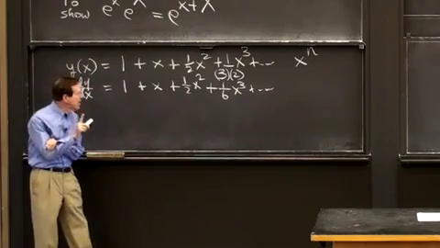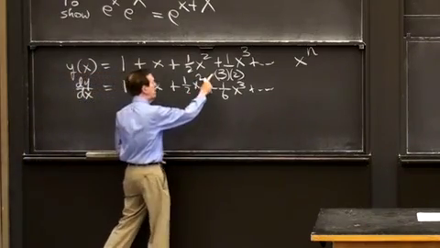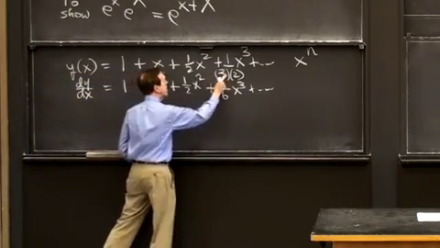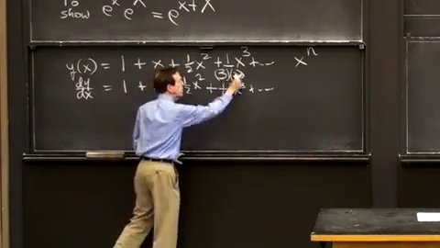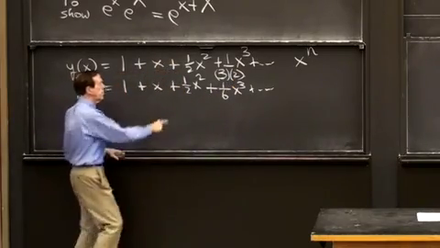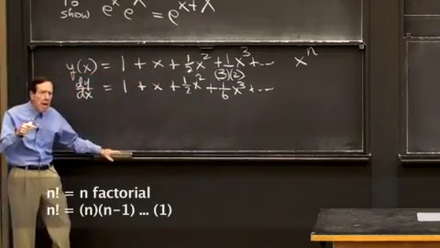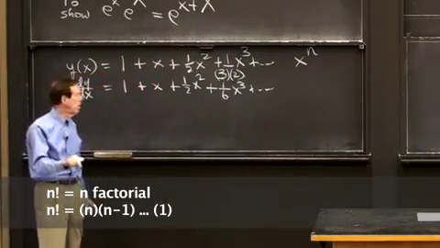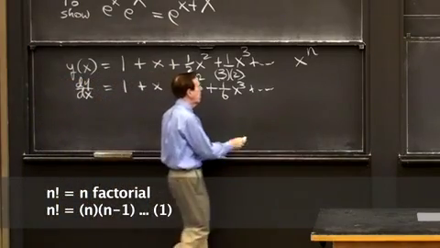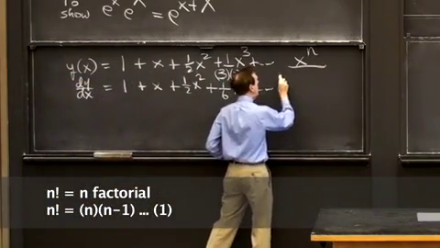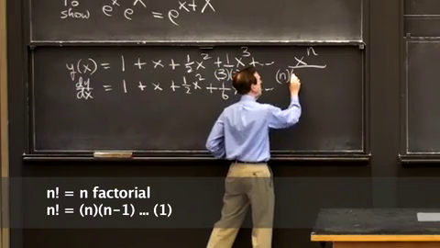Well, if you see this pattern, this was 3 times 2. You could say 3 times 2 times 1. This one was 2 times 1. This one was just 1. It's n factorial. N factorial is what I need. I need n times n minus 1.